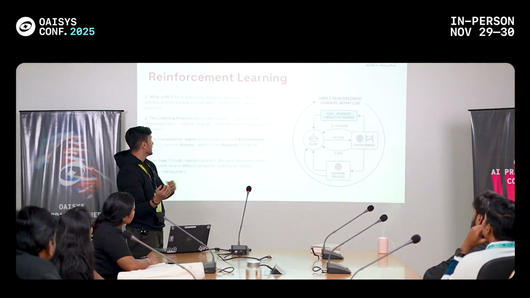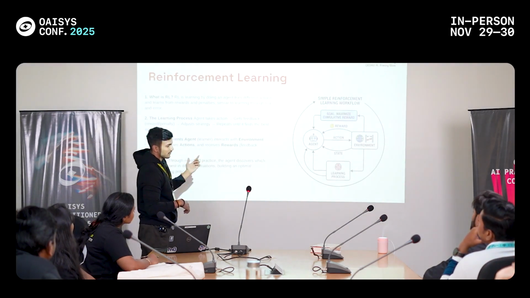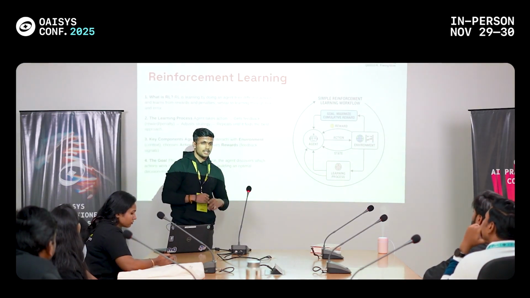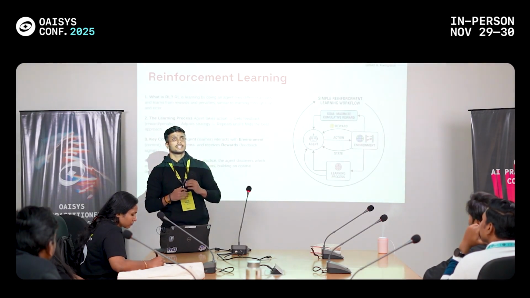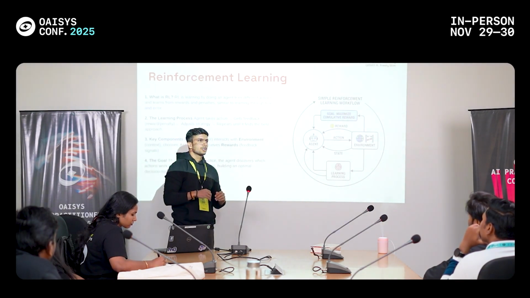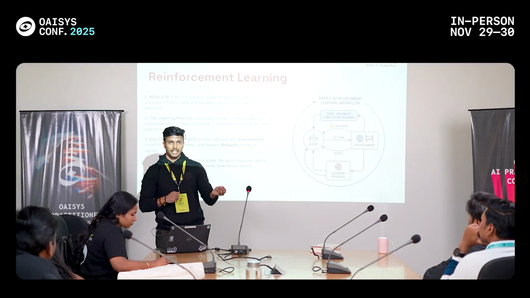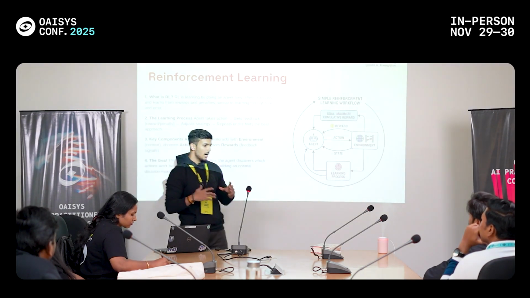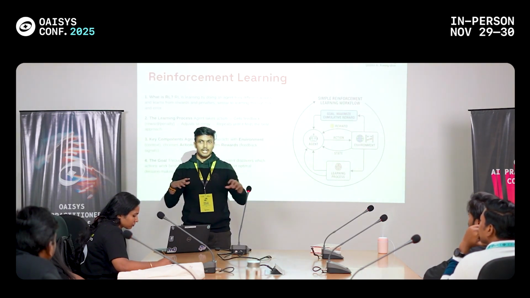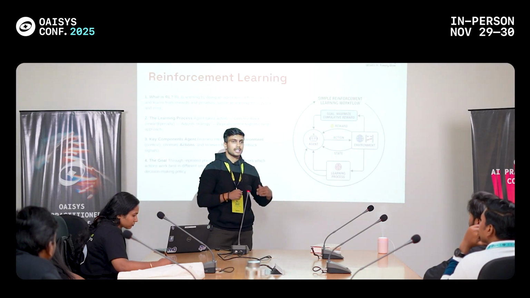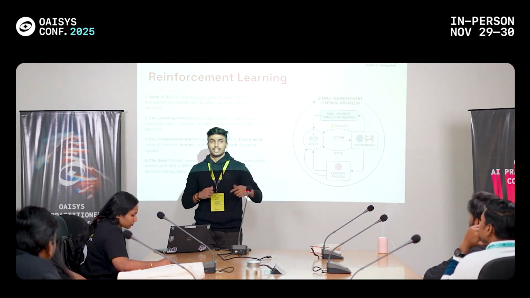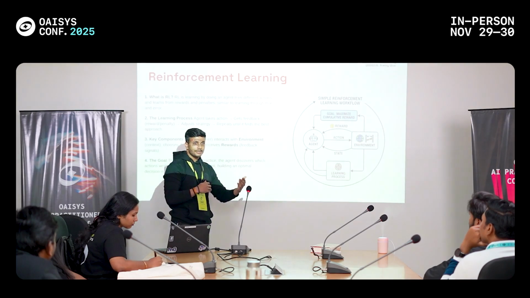Moving on, reinforcement learning. This is one of the main topics which I am going to cover today. Reinforcement learning is nothing but trial and error. Consider an agent: if you leave an agent in an environment, how will it learn? It will learn by continuous trial and error. It will try something and get a reward.